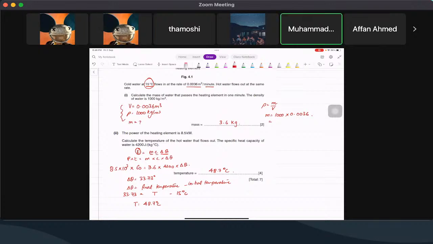So it says that cold water at 15 degrees flows at a rate of this. If you look at this, what is meter cube? That's volume, right? So in 1 minute, this is the amount of volume going. So I wrote the volume. The density is this. I got the mass by density is equal to mass over volume, because he wants us to find the mass that flows in 1 minute. Understood?